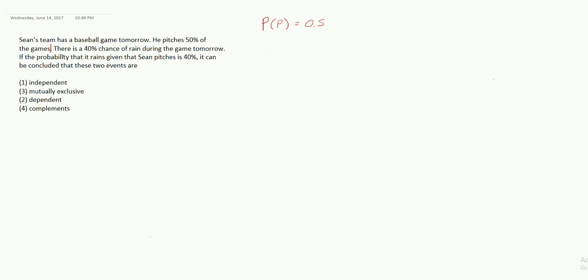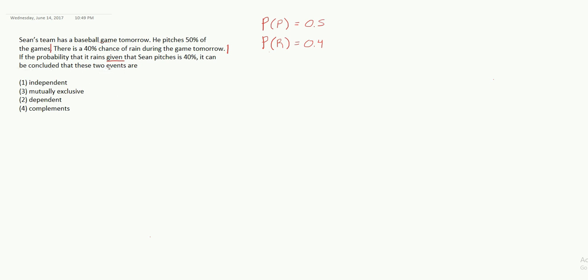And we continue. There's a 40% chance of rain during the game tomorrow. So I can write down that the probability of R for rain is going to be 0.4. And then they say, the probability that it rains given that Sean pitches. Now that's very important, that word right there shows up in these kinds of problems a lot.